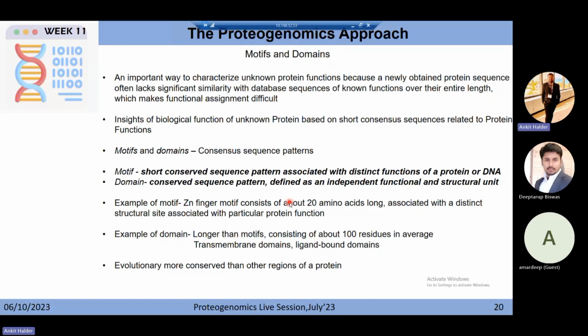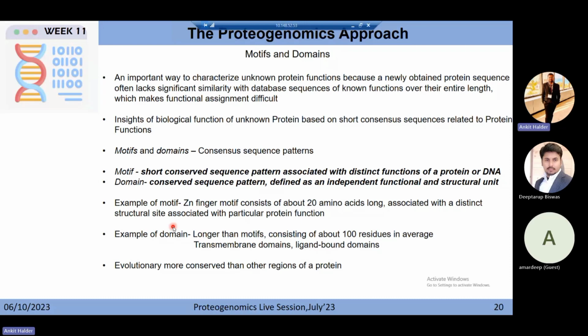It is just a short conserved sequence pattern, mostly a signature for proteins or DNAs having those particular functions. An example of a motif is the zinc finger motif, about 20 amino acids long, associated with a distinct structural site and a particular protein function.